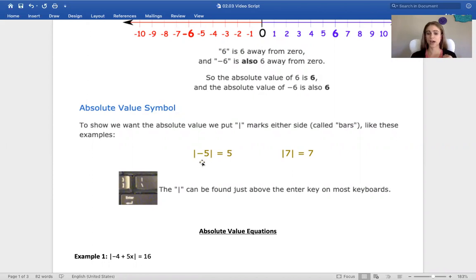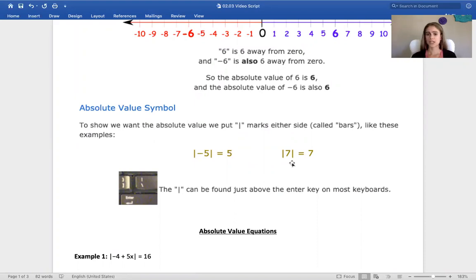So the absolute value of -5 is +5 because it is 5 units away from zero. You can reference that number line up here as the example. Our -5 is 5 units away from zero. Same with 7. The absolute value of +7 is not the opposite, it still is +7 because we are 7 units away.